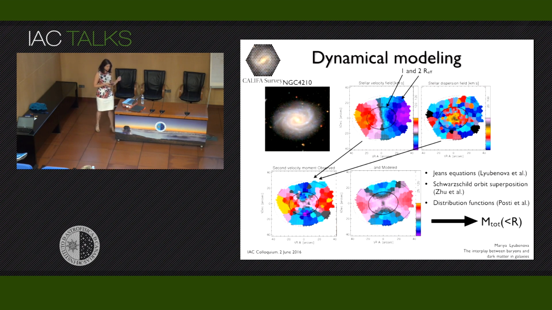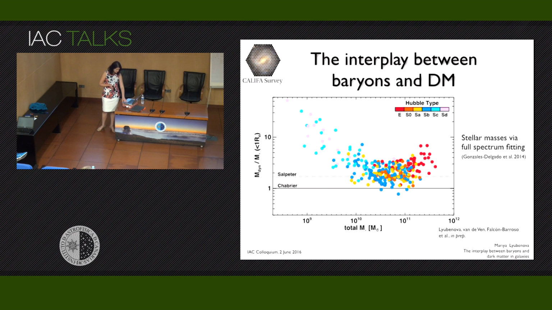And as we've done this consistently for the galaxies of all Hubble types, of all stellar masses in our sample, we can start looking into astrophysical questions. For example, one very popular question is reconciling the stellar to halo mass relation to observed galaxies.